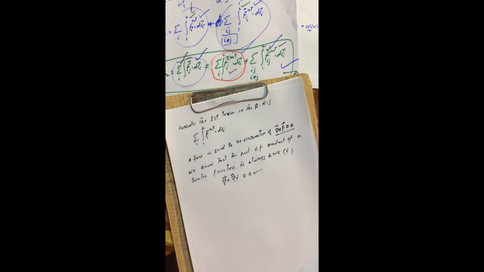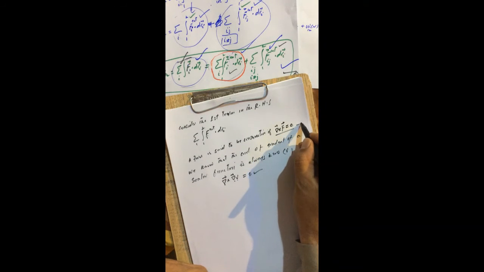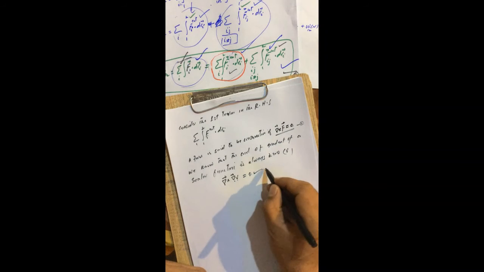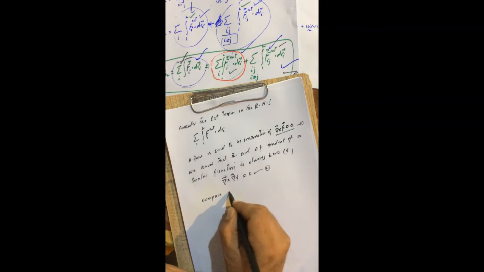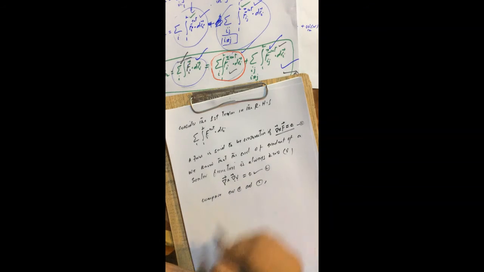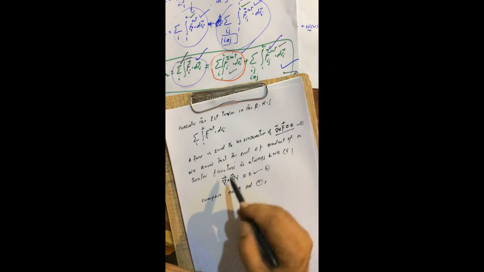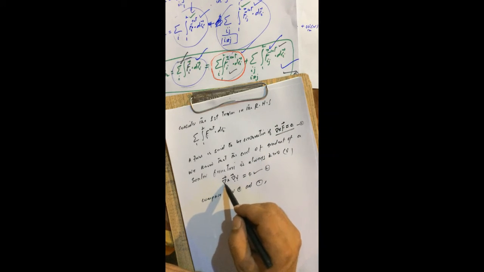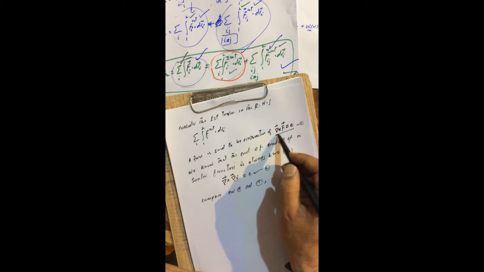Now let's say this is equation 1, and this is equation 2. If we compare equation 1 and 2, this is the same situation, because here we have the curl of a vector, and here too we have the curl of a vector.